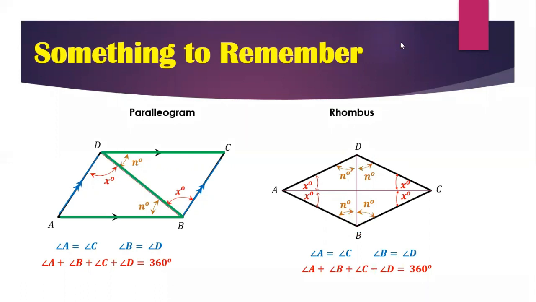Okay, next. Now we go to angle A. Let's say angle A is 130 degrees. So x, it will be 65 degrees. And the next x is 65 degrees.